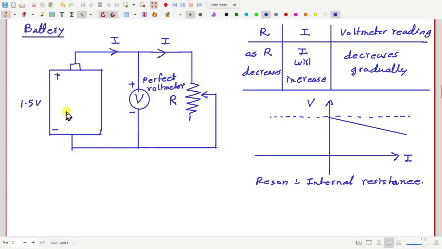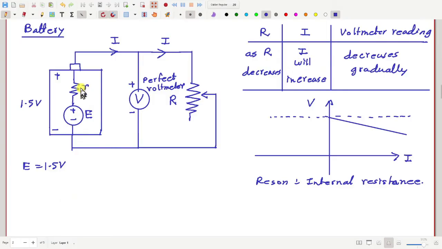So we therefore model this battery as a combination of an ideal voltage source in series with a small internal resistance R. This E is called the EMF of the battery. E here in this case is 1.5 volt.